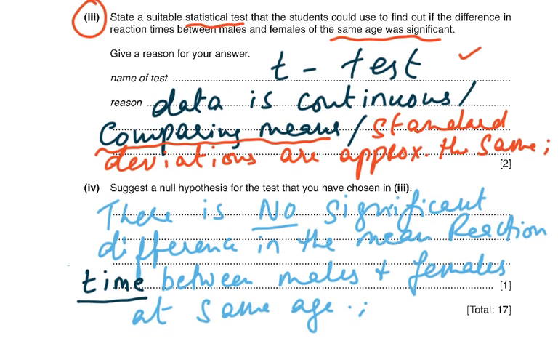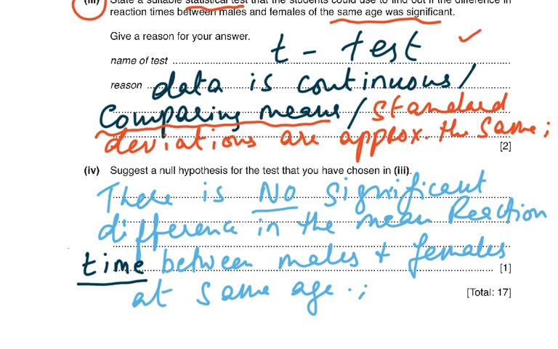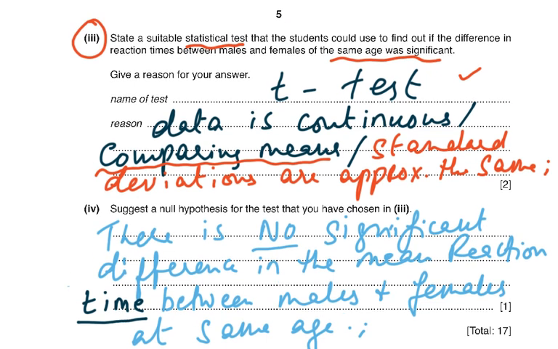Then the next and the last point is suggest a null hypothesis for the test that you have chosen in part 3. Null hypothesis means you always negate it. So, there is no significant difference between the mean reaction times between males and females at the same age. We had to take it from here that we were talking about males and females at the same age was significant.